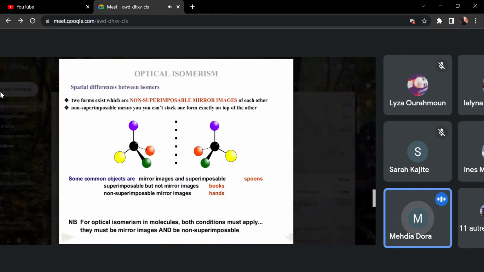It's the same thing. And likewise with the hands: they are the image of the hand, but they are non-superimposable. And so this is the case of the molecules. To be optical isomerism, you have to have the same image, but they are non-superimposable. Now we could talk about optical isomers.